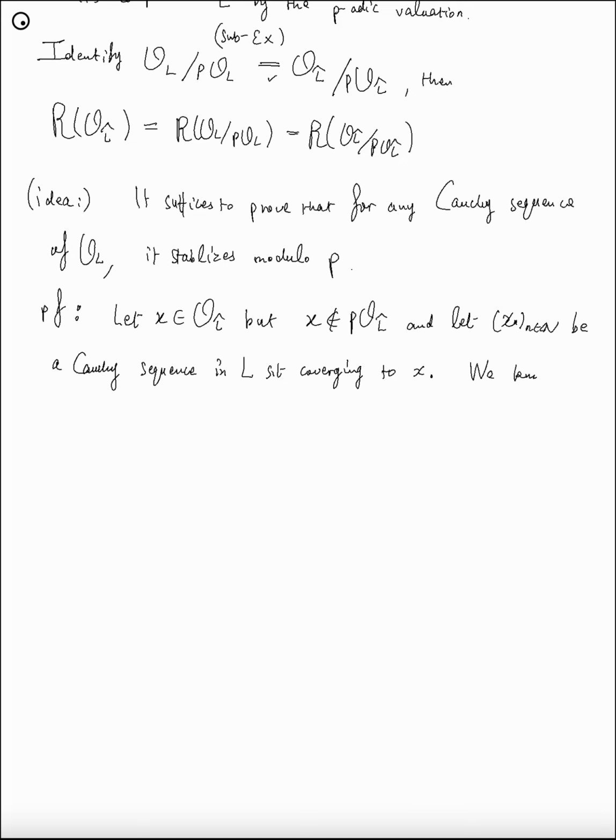We know that for any epsilon there exists a big enough integer such that starting from an index bigger than this integer, elements are close enough, and so the valuation of their difference becomes big enough.